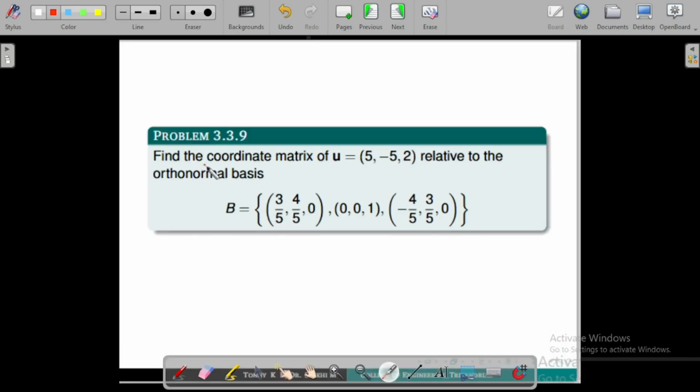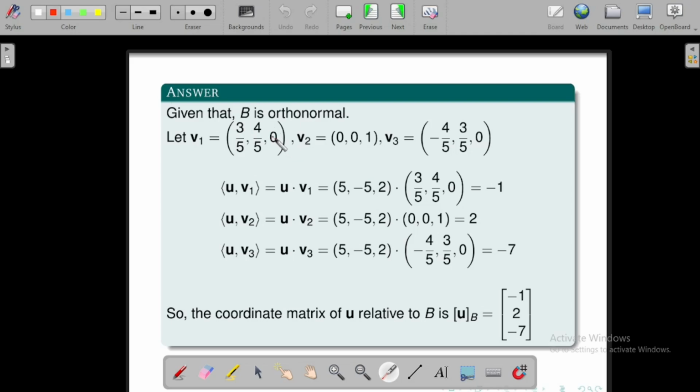One more problem. Find the coordinate matrix of U equal to (5, -5, 2) relative to the orthonormal basis B equal to (3/5, 4/5, 0), (0, 0, 1), (-4/5, 3/5, 0). So in this problem also B is given as orthonormal. So to find the coefficients C1, C2, C3, we have to evaluate inner product UV1, inner product UV2 and inner product UV3.